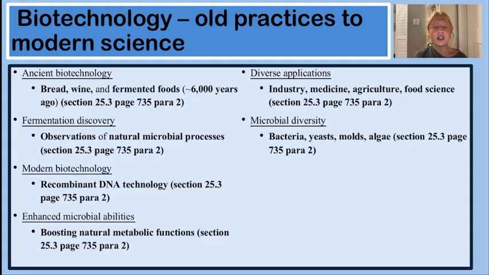These early observations were the foundation for modern biotechnology, which now uses recombinant DNA technology to enhance the natural abilities of these microorganisms. Through genetic manipulation, microbes can be optimized to produce larger quantities of specific foods, drugs, vitamins, or other compounds.